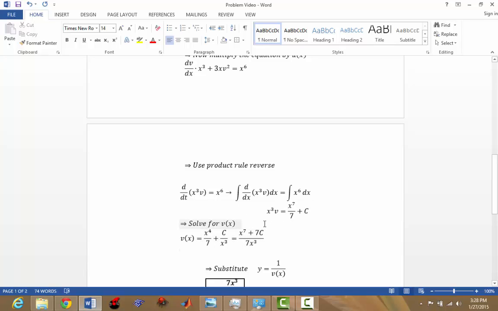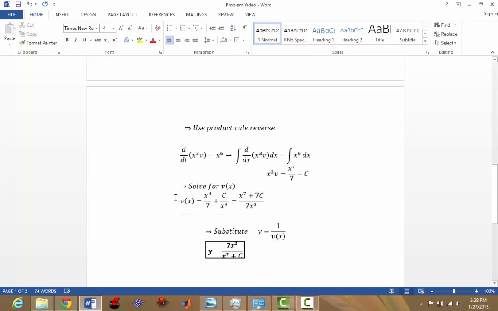To do that, for this expression, you would have to take the least common multiple. So we have x to the 7 over 7 and the constant c over x cubed. So that would become 7x cubed in the denominator, and when you take the least common multiple, the numerator would become x to the 7 plus 7c.